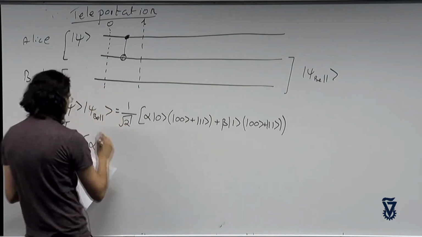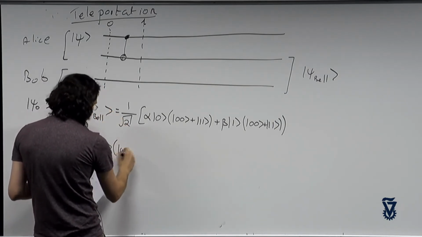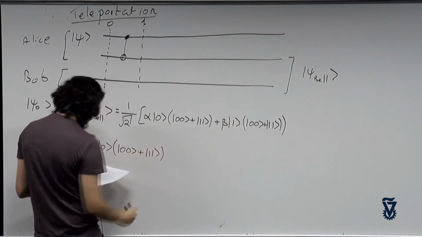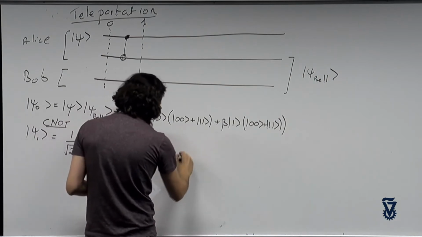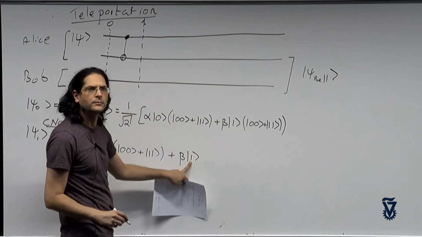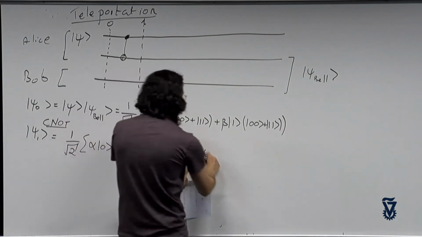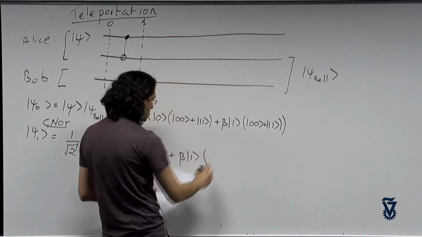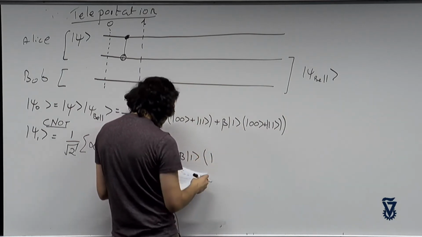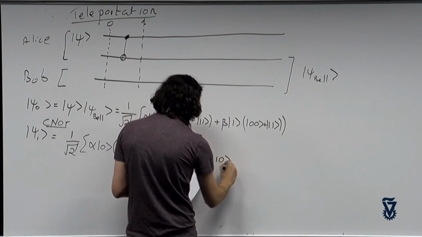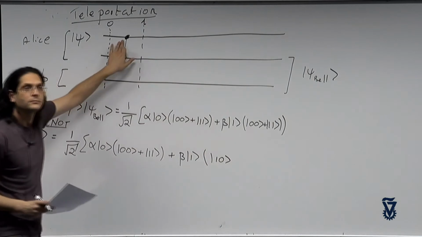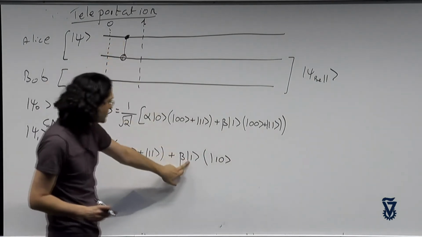Alpha 0 and (00 plus 11), plus beta 1. But now, since we have 1, these two are going to change. So 00 is going to change into 10, because this part is our control.